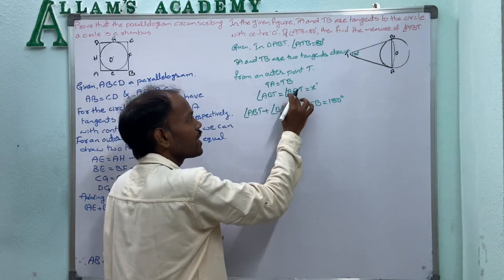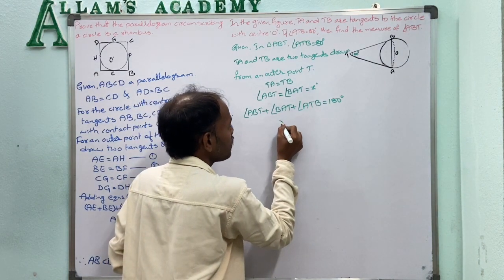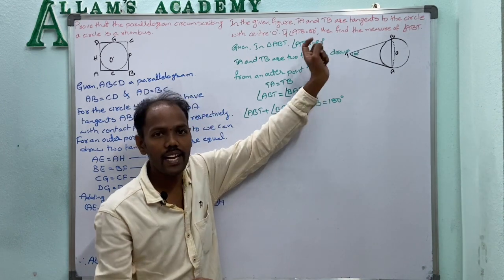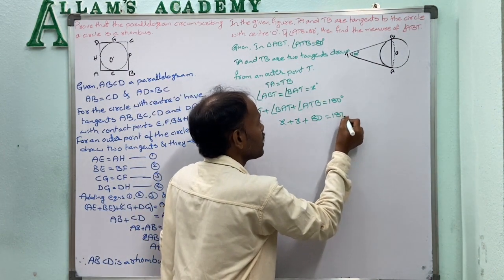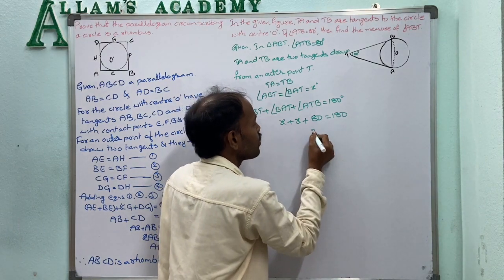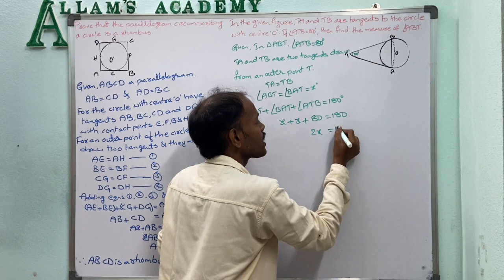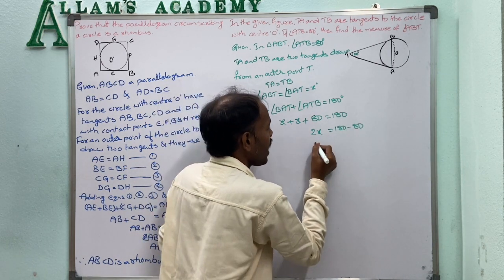So x plus x plus angle ATB, which is given as 80 degrees, equals 180. Now x plus x is 2x, plus 80, transfer to that side as minus 80. 180 minus 80 is 100.